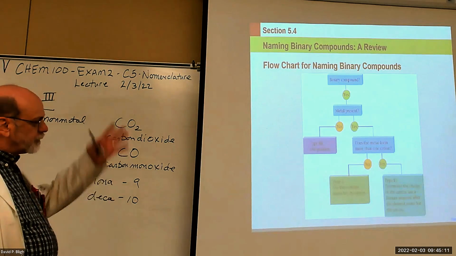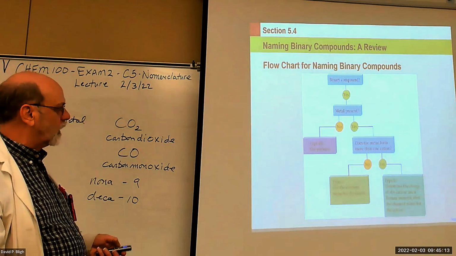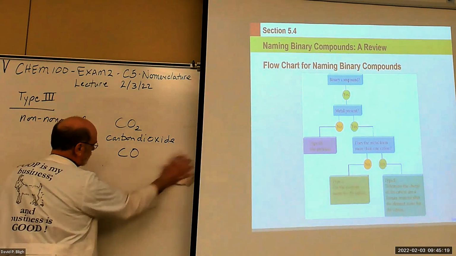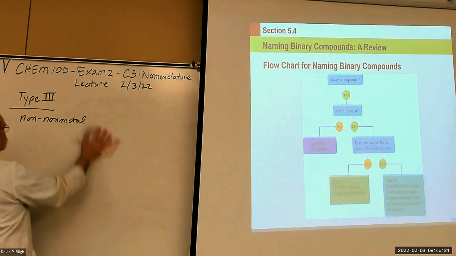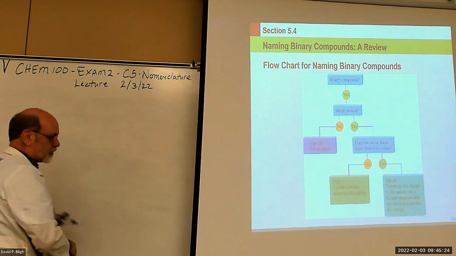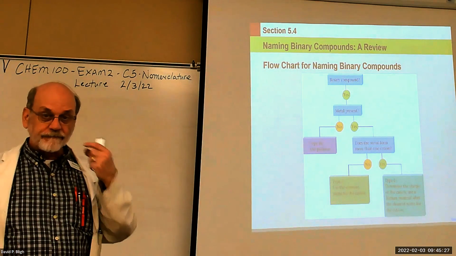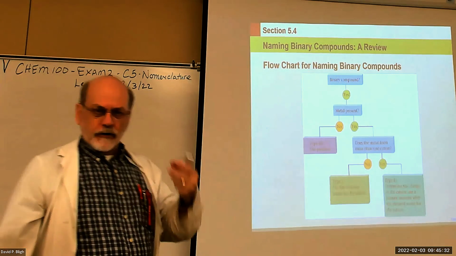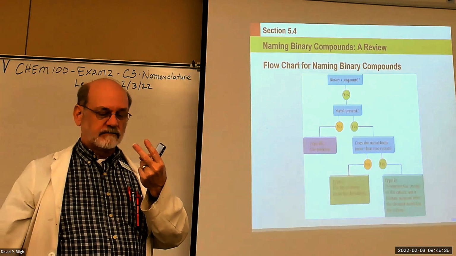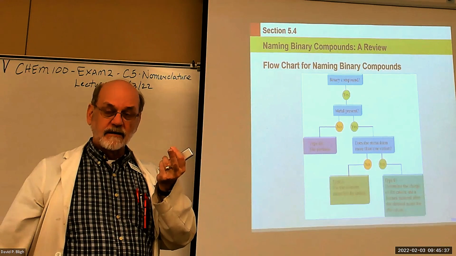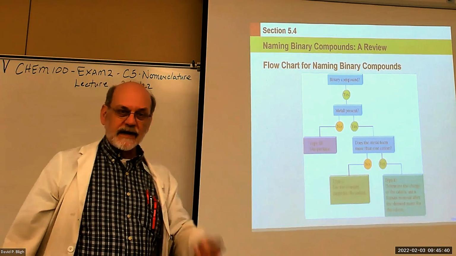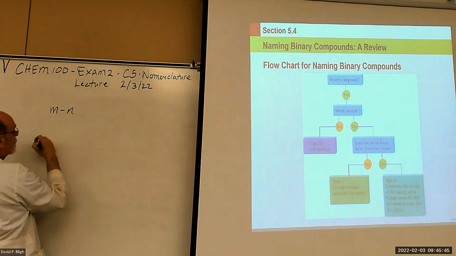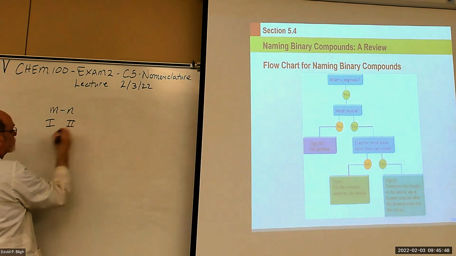So here's a flow chart that might help you decide what's what. Actually, this is useful when you're faced with that choice. The first question you ask when you're going to name a compound is, what's the combination? Is it a metal and nonmetal, or a nonmetal and nonmetal? If it's a metal and nonmetal, then it's either a type 1 or a type 2.